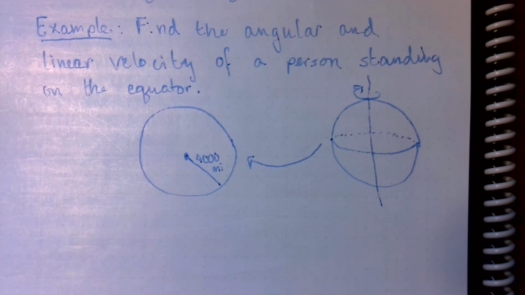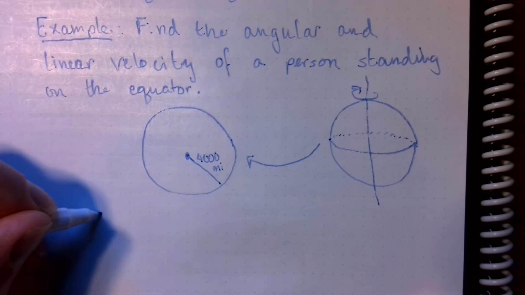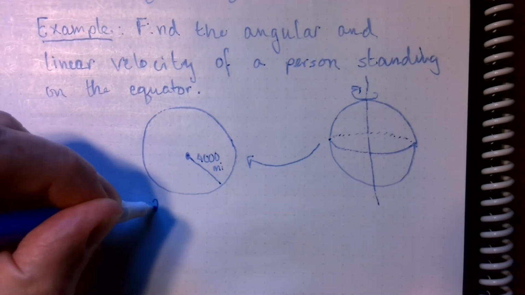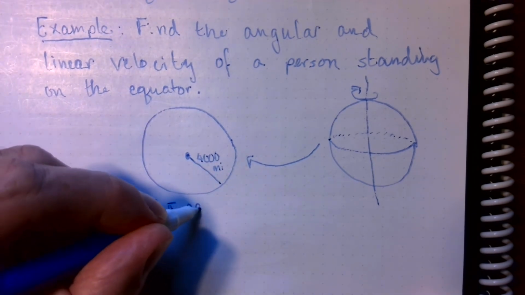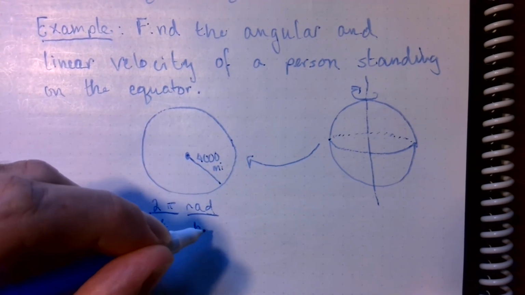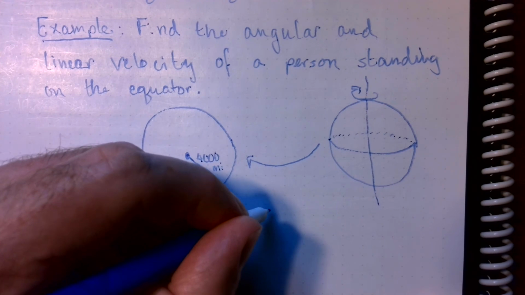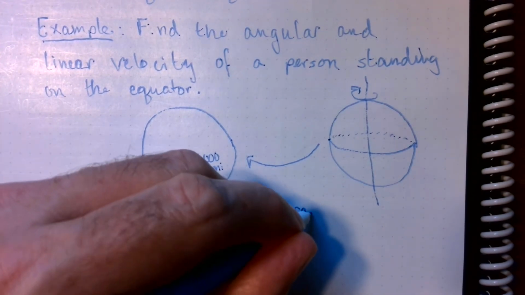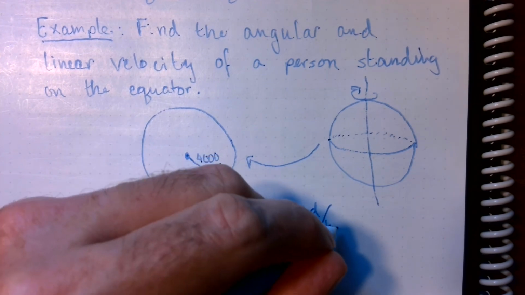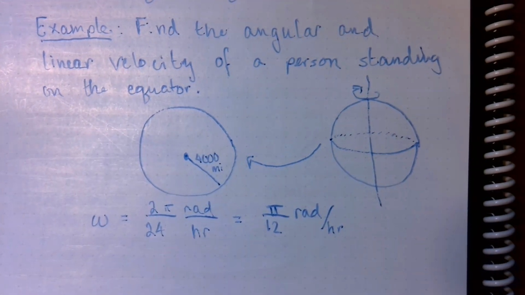Okay, so the complete revolution corresponds to an angle of 2 pi radians. So 2 pi radians over 24 hours. So the angular velocity is pi over 12 radians per hour.